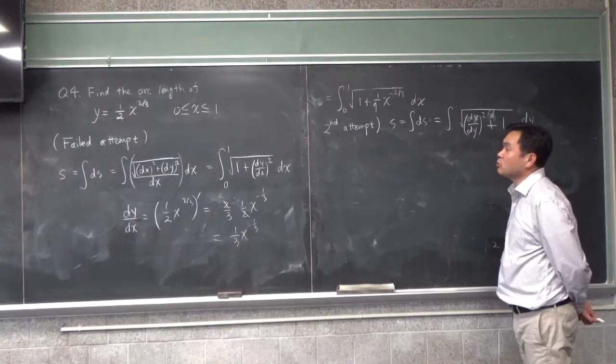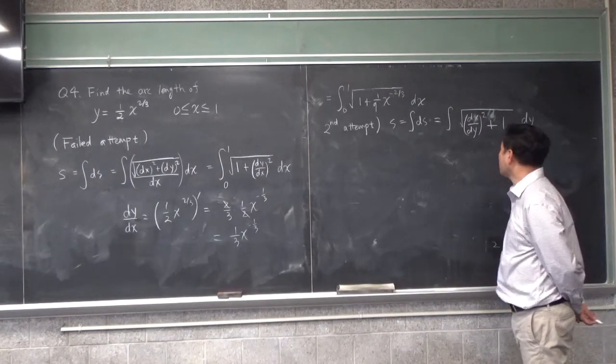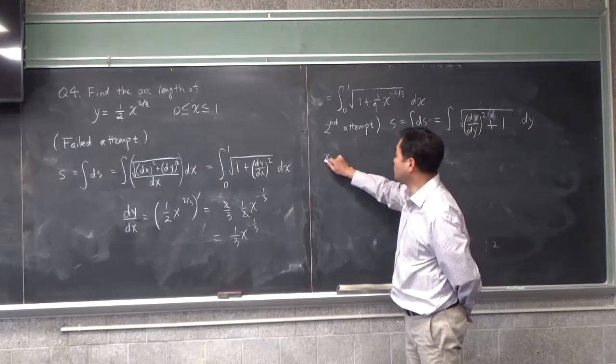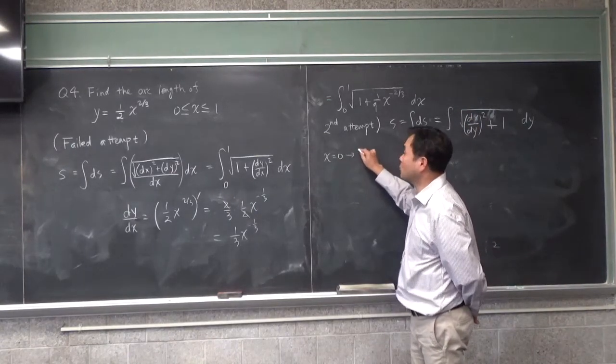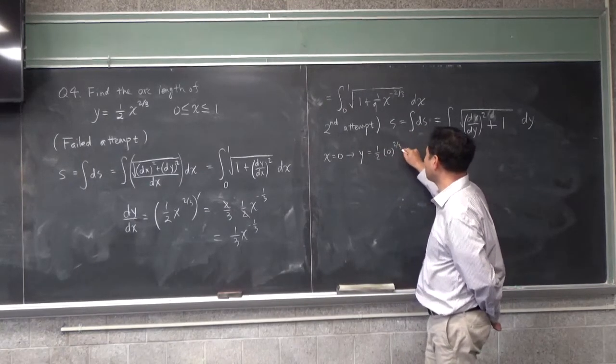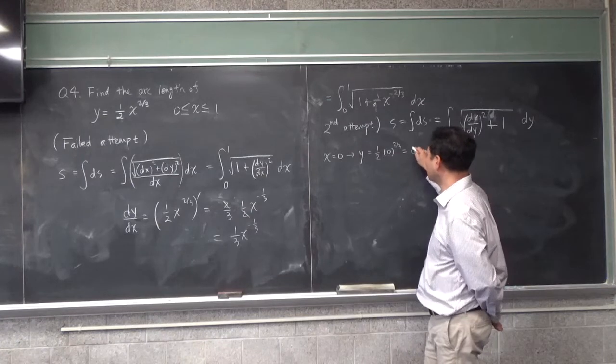That means we have to do two things. First, we have to know what the bounds are. So when x is 0, y is 1/2 times 0 to the 2/3 power, which is 0.